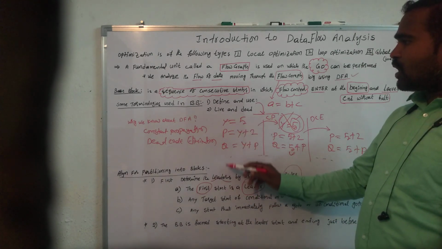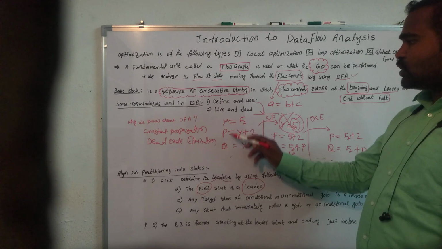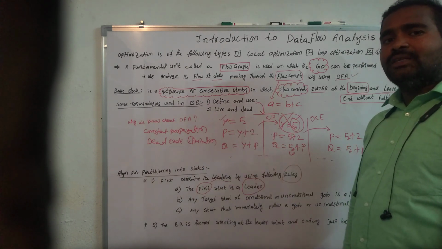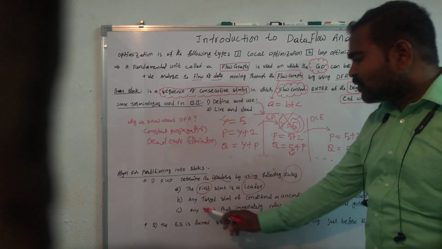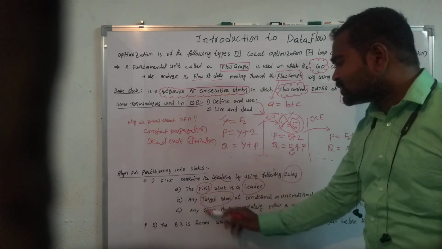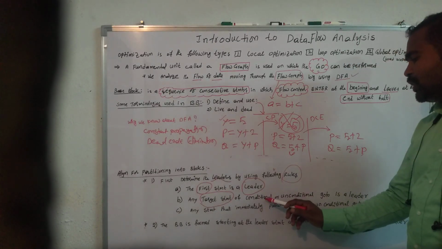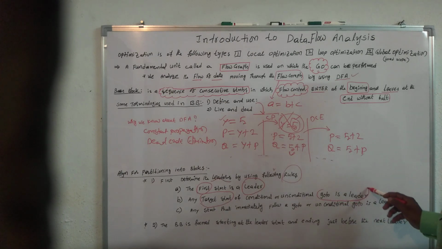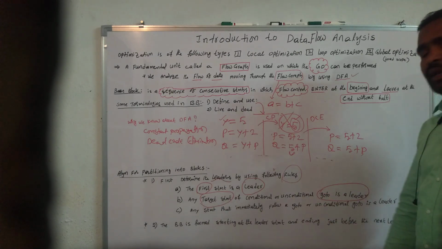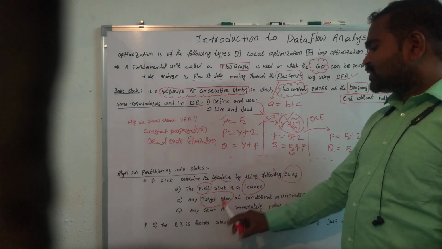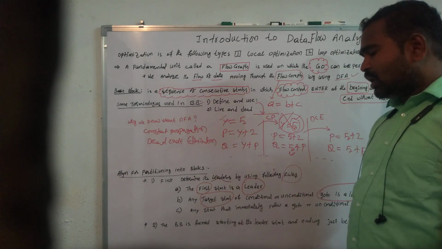So in a sequence of consecutive statements, this first statement is called a leader. The next one is any target statement of a conditional or unconditional go to is a leader. So in the go to statement, that particular target statement is a leader, in conditional or unconditional.